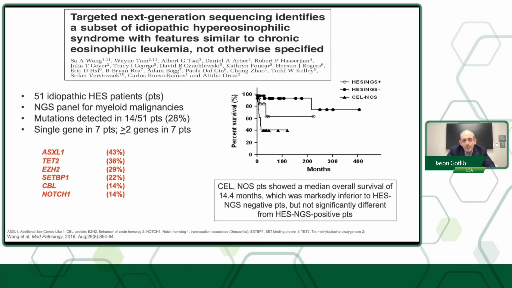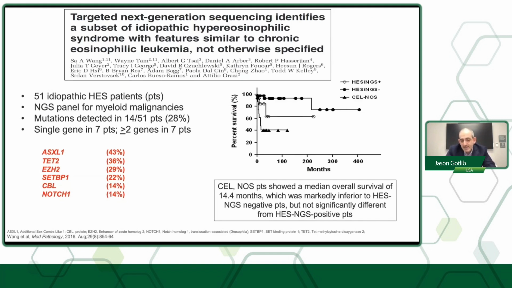Now, it's notable that patients who were at least historically considered hypereosinophilic syndrome, when one has done NGS testing, in some patients at least, one can identify myeloid-type mutations, but one must also be careful to not always attribute such mutations to the pathogenesis of the chronic eosinophilic leukemia, because some mutations can be CHIP mutations and may not be relevant or disease causative.